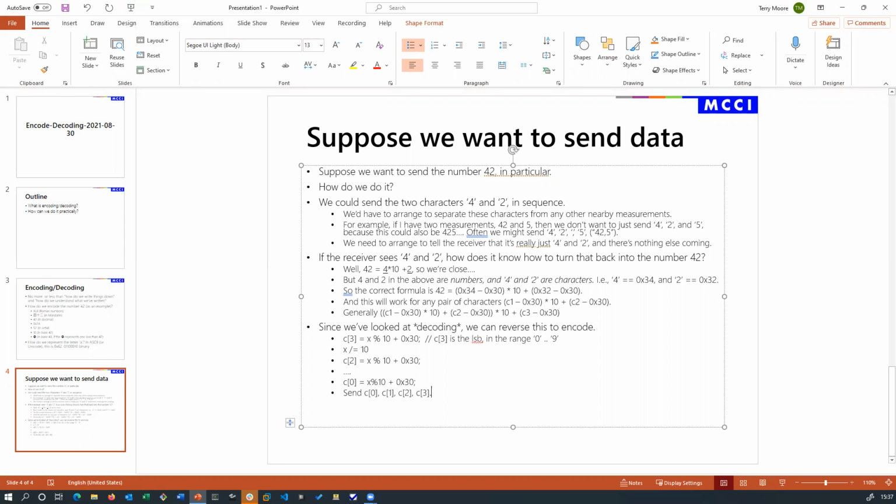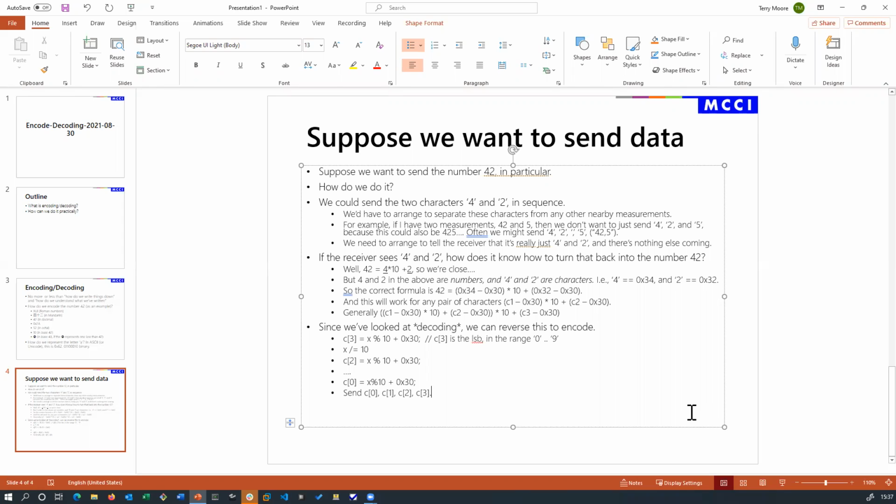In the real world, if you're formatting decimal numbers, you get all kinds of crazy stuff to deal with the fact that we normally suppress leading zeros. But that's not where I'm going with this. I'm just trying to give you the notion that encoding and decoding is a step-by-step process where you're changing numbers into numbers.